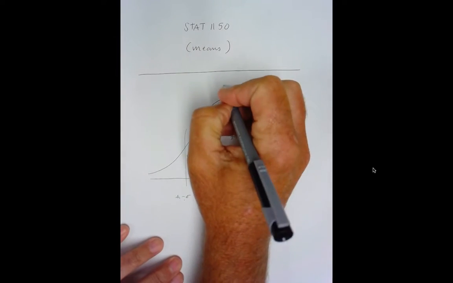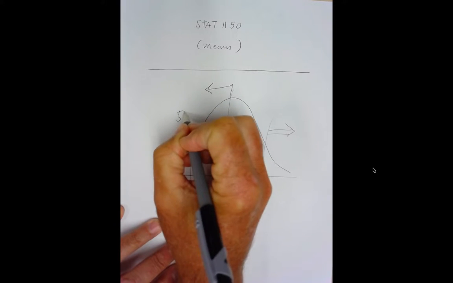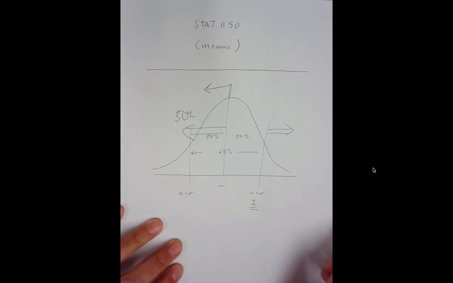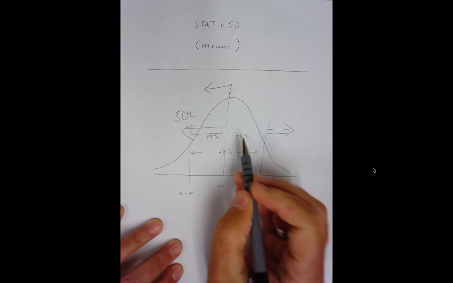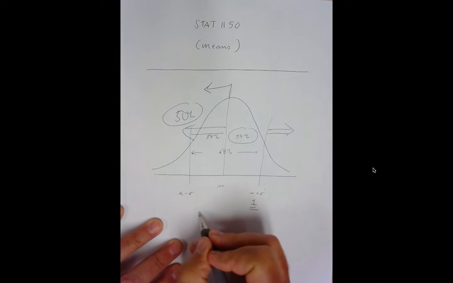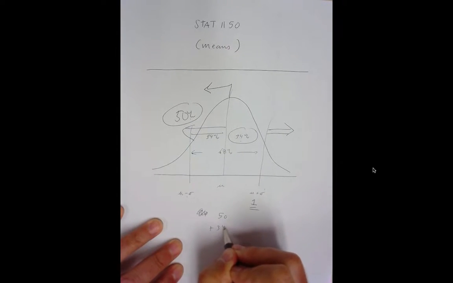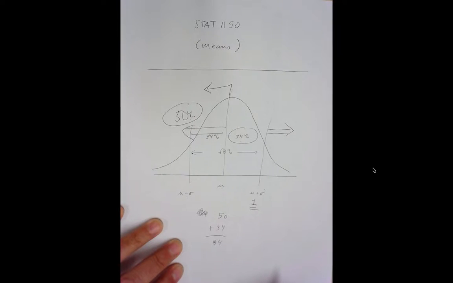Well, if you think about it, from here down we have 50% of the distribution plus the 34 that we have here. So 50 plus 34 gives me 84.